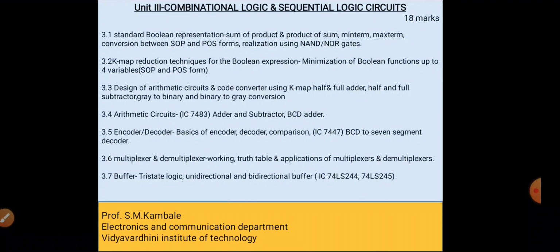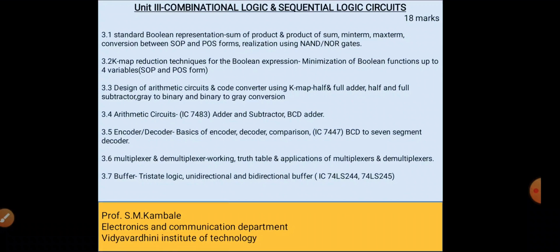Now looking to the second subtopic, that is K-map. K-map is nothing but a Karnaugh map. K-map is a graphical method of simplifying Boolean equations. It is a graphical chart which contains boxes. The information in the truth table in SOP or POS form is represented in the K-map.